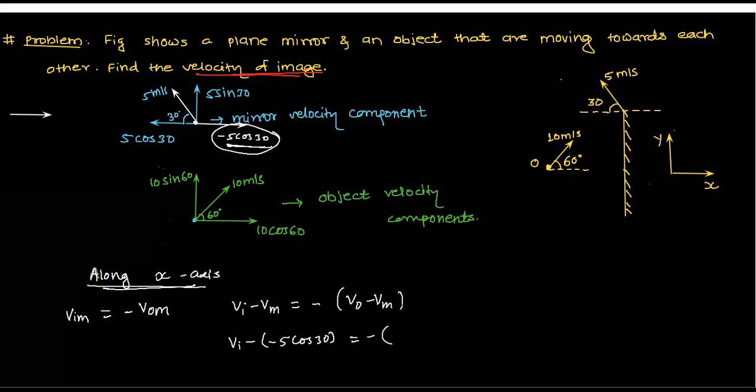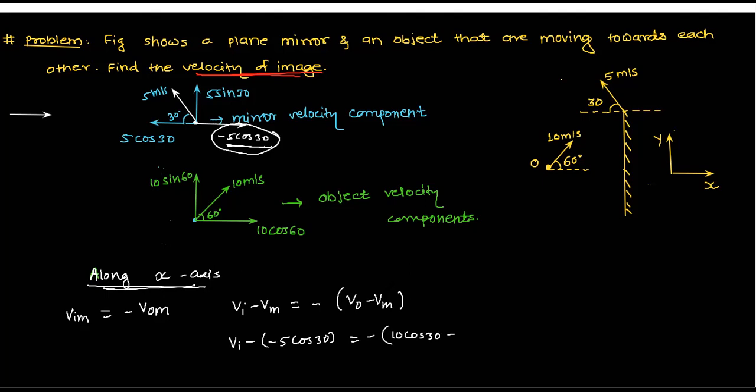Vo, do you know Vo? Not Vivo phone, what is this here? Velocity of object. So how much is Vo? See here, this is what? 10 cos of 30. Yes, so this minus as it is, and this Vo I am writing 10 cos of 30 minus Vm, how much is it?